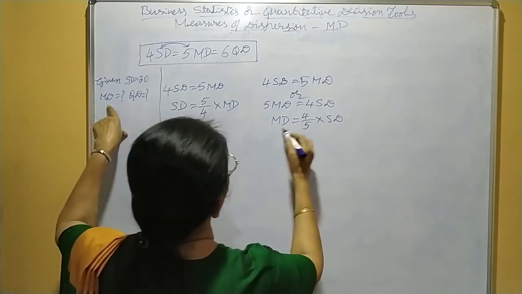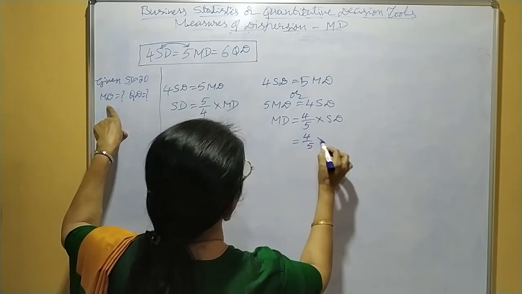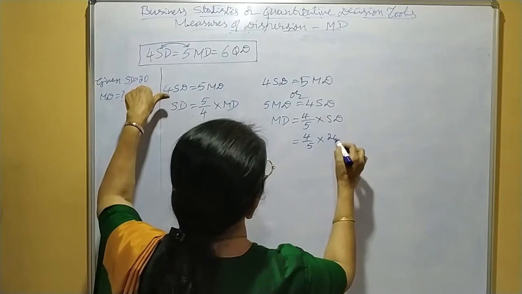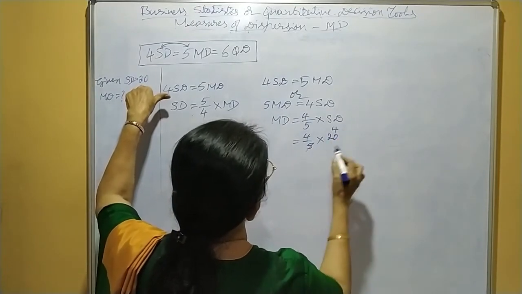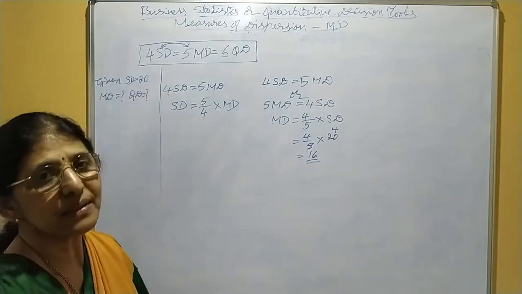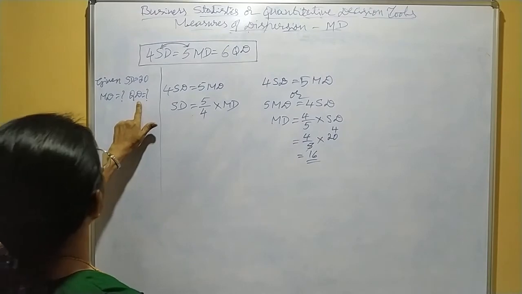Now, mean deviation equals 4/5 into standard deviation. Given standard deviation is how much? 20. 5 ones are 5, 4 5s are 20, so 4 into 4, 16. That's all. Next, it is asked to find out quartile deviation, isn't it?